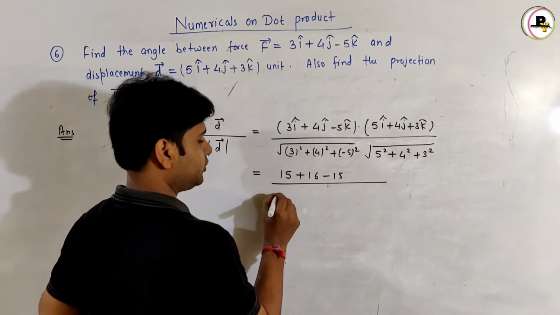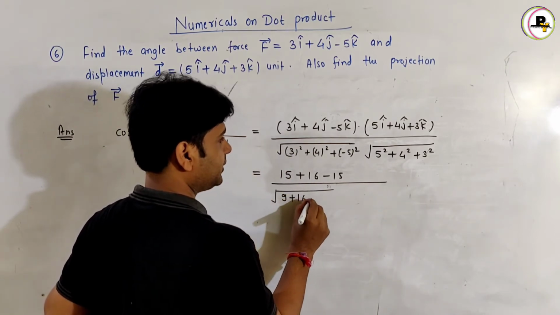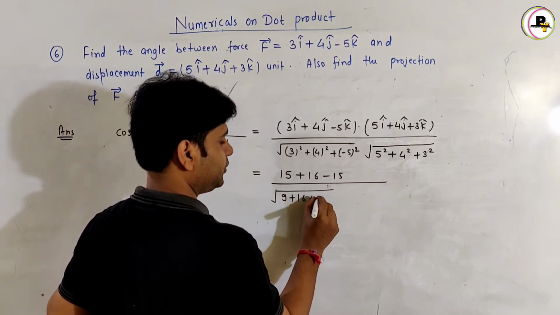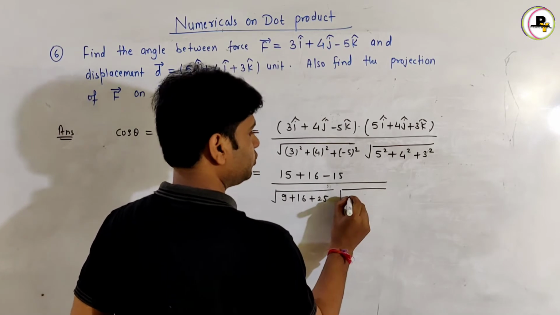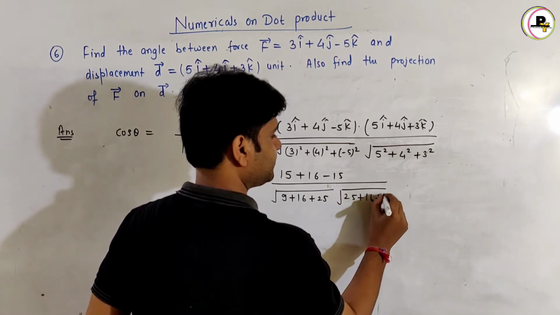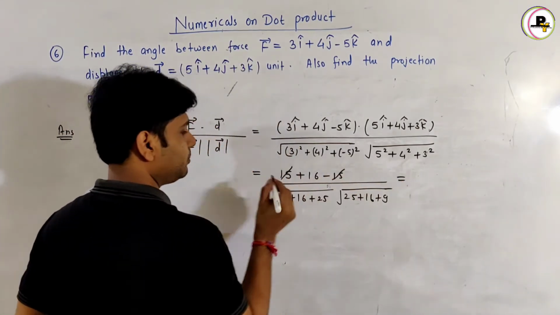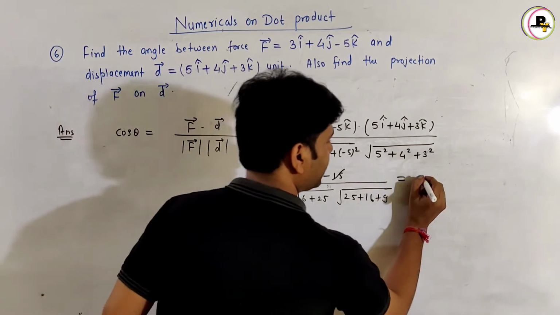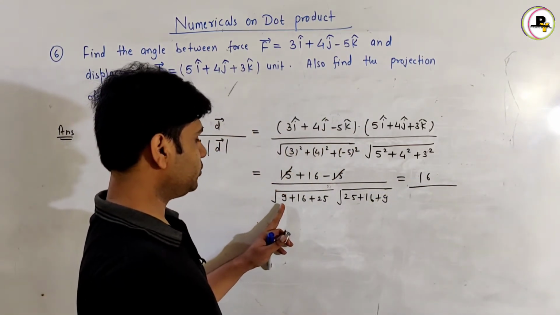This will be what? Square root of 9 plus 16 plus 25 into square root of 25 plus 16 plus 9, and this value will be equal to minus 15 plus 15 will get cancelled, and we will get what? 16 divided by what will be this value?